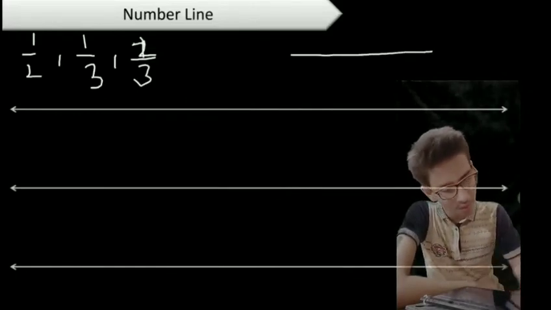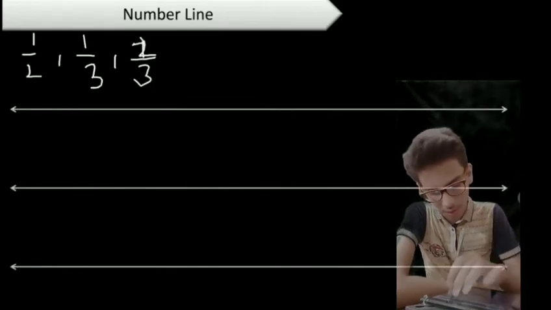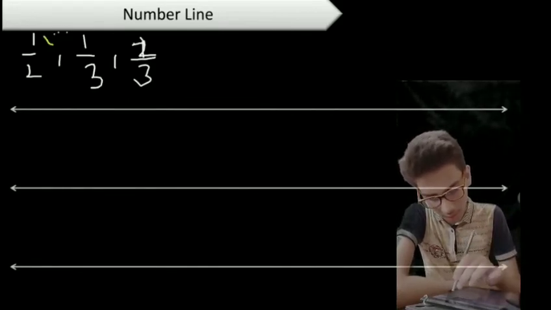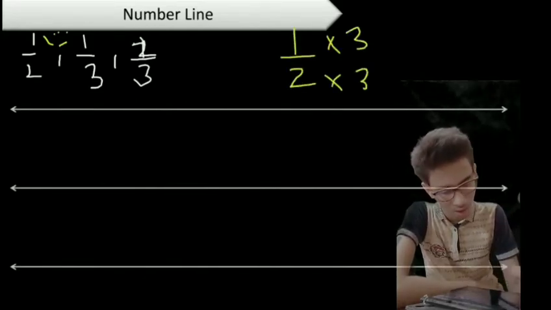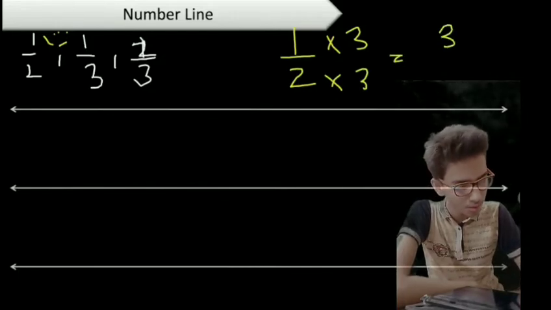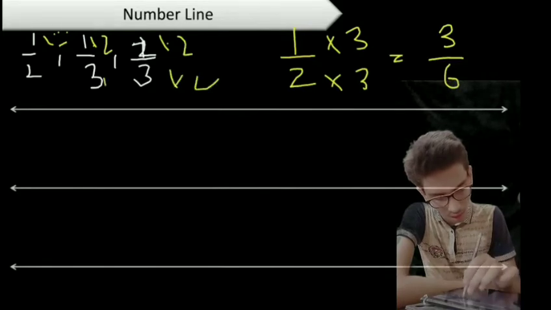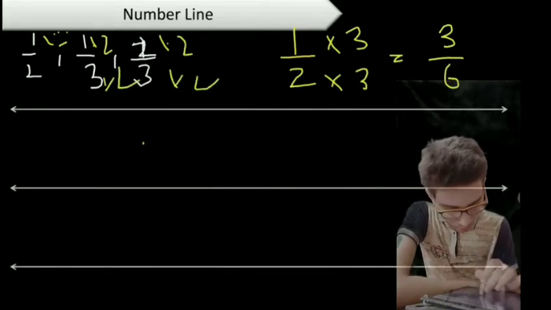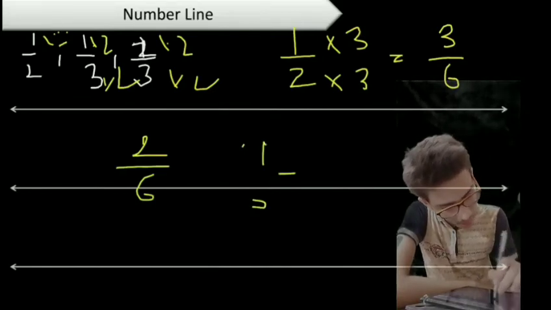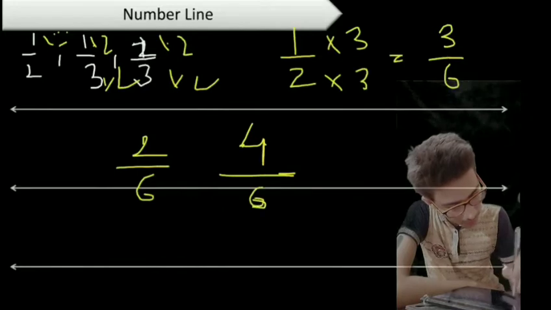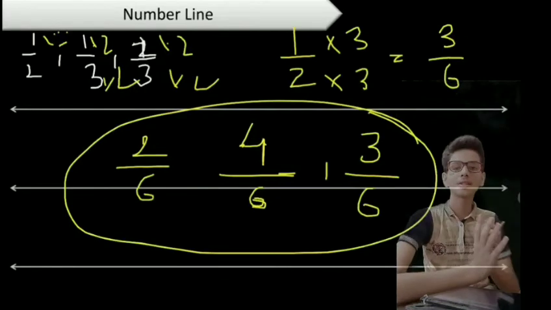These two have the same denominator, only one is different, so we are going to multiply by 3 and get 3 by 6. Now multiply by 2 in these, and what you get is 2 by 6 and 4 by 6. You have to plot 2 by 6, 4 by 6 and 3 by 6.